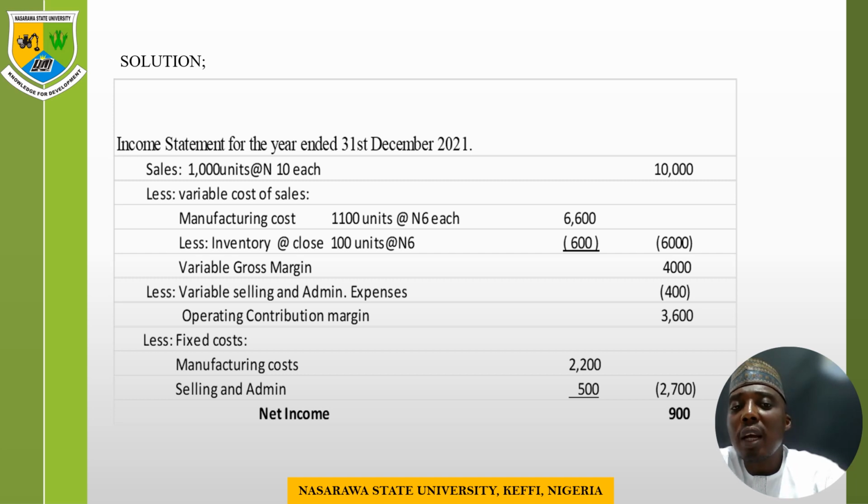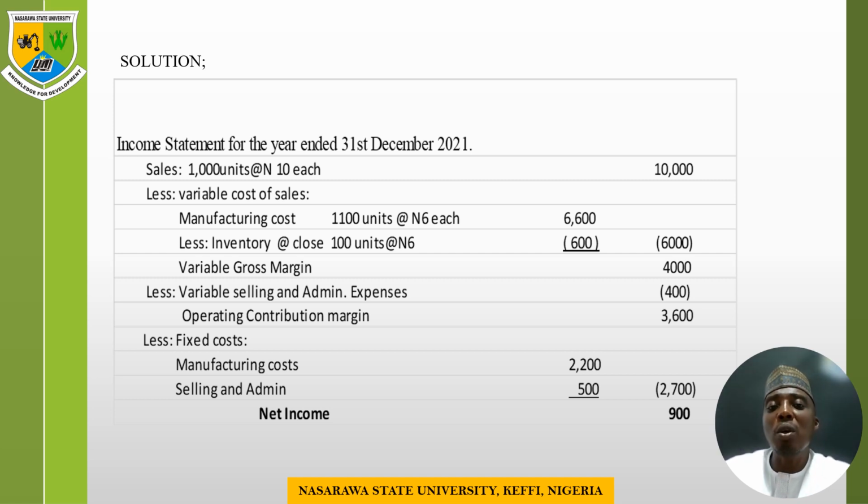The variable cost of sales here includes the manufacturing cost, which is for 1,100 units of finished goods. Remember the total cost per unit is 6 naira.